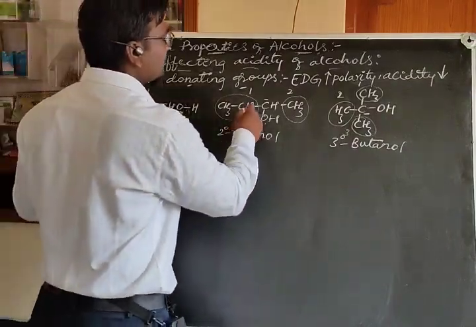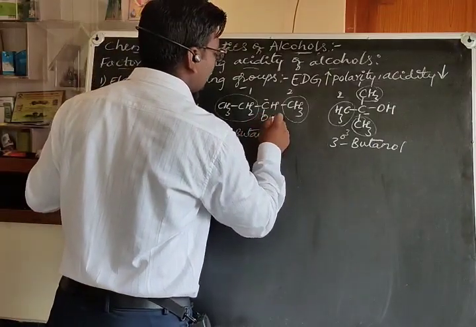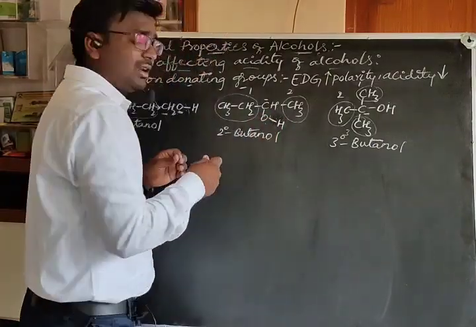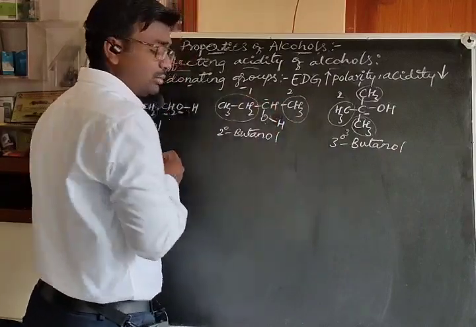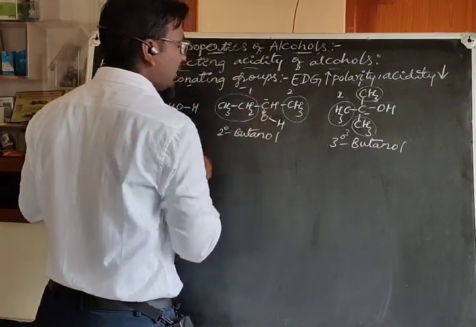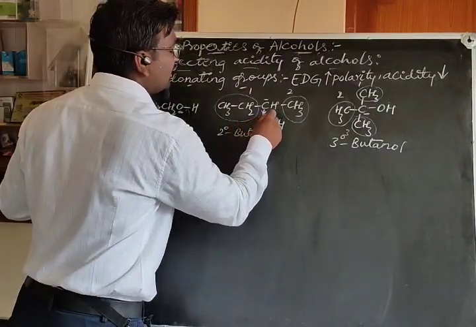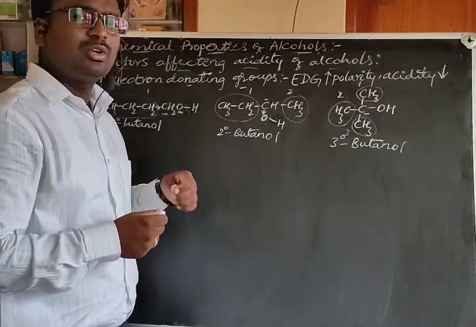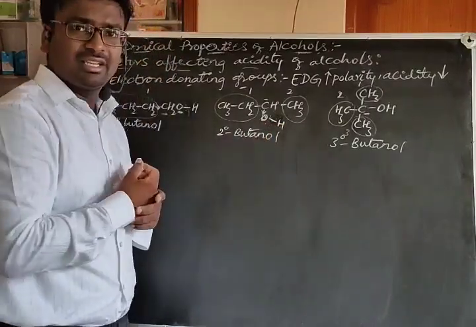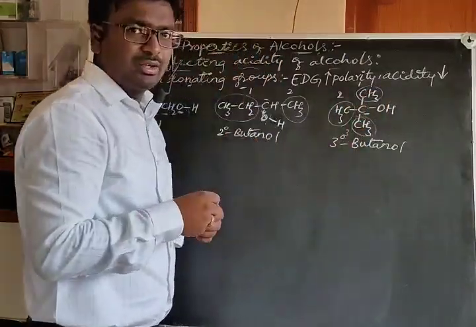Come to this molecule. Here you can see the OH bond. Here there are two electron donating groups to this carbon and subsequently to this oxygen. Here there is still more electron density on this oxygen. It feels not to pull electrons from the hydrogen again. Come to this group. Here there are three electron donating groups.